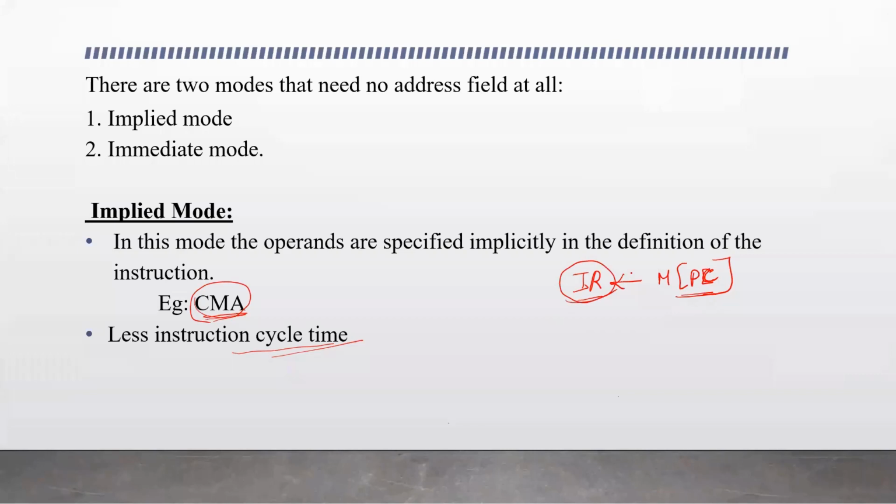Once the instruction is available in IR, the second process is decoding the instruction. The instruction may have different fields: mode field, opcode that specifies the operation, and address field that specifies the address of the operand. So it needs to be split, right? It needs to be stored.